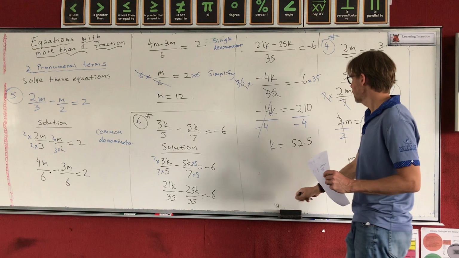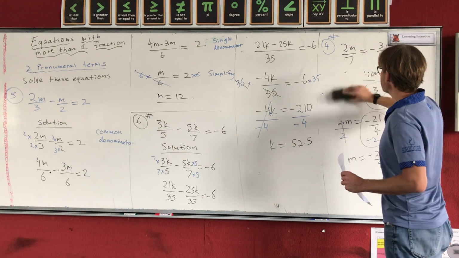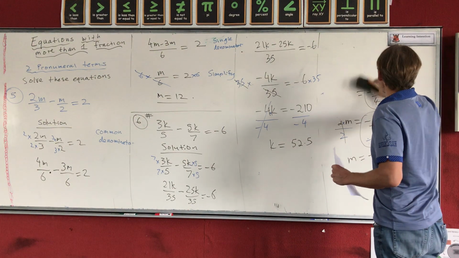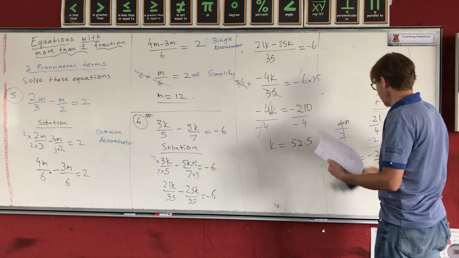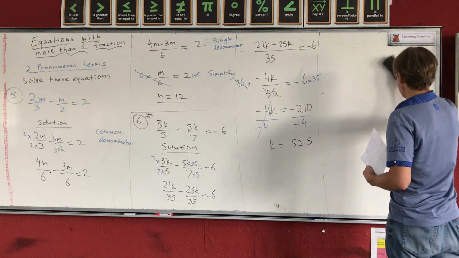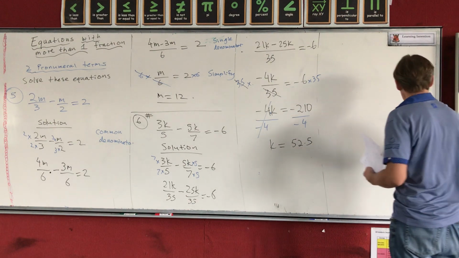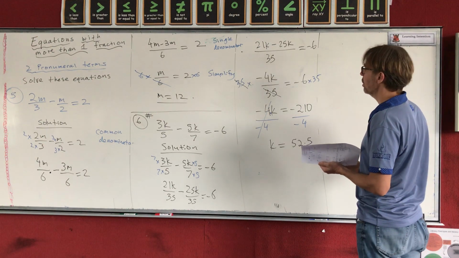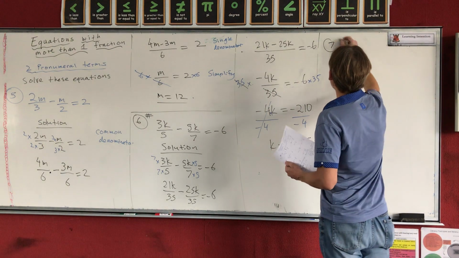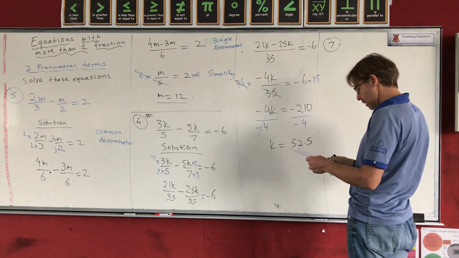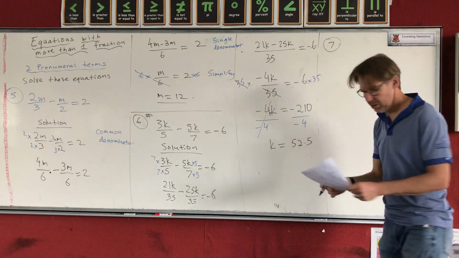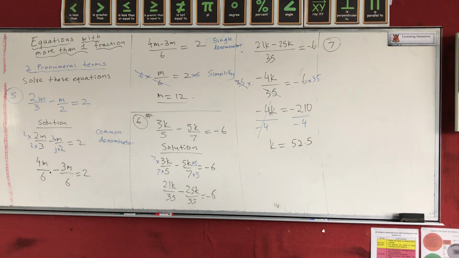Okay? Alright. Next question. Second last question. We've got number 7. And let me just change the answer. K equals, because I changed the question there, 52.5.